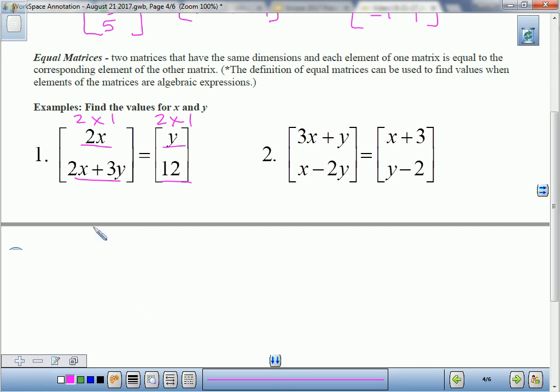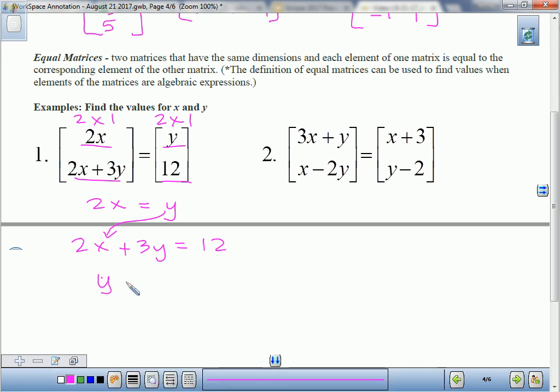Okay? So, because we know that 2x will equal y, in our second equation where we have 2x plus 3y equals 12, can we not sub in y for 2x? Because 2x equals y. So we could use substitution.